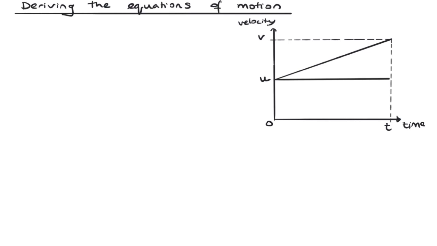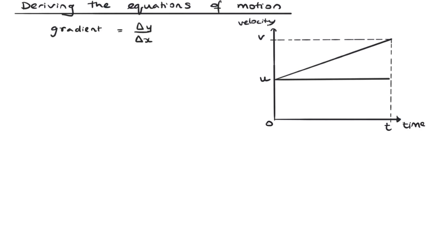Okay, so a couple of things we already know is that the gradient of a vt graph, which represents acceleration, could be written as the change in the y-axis over the change in the x-axis.